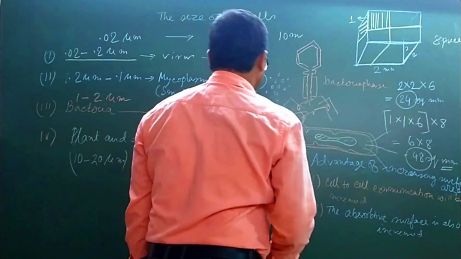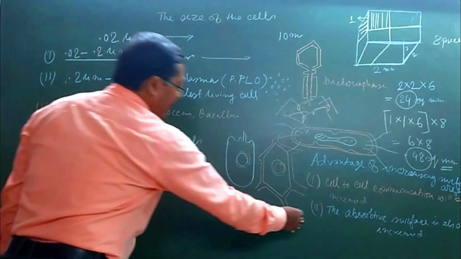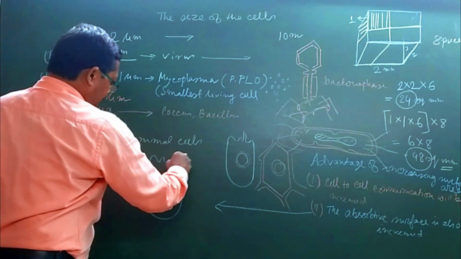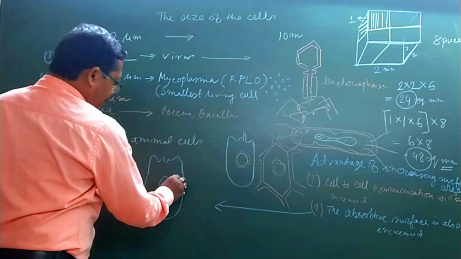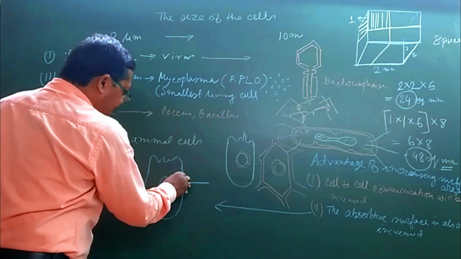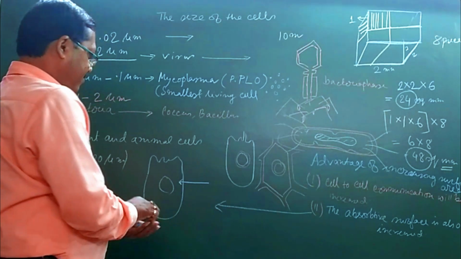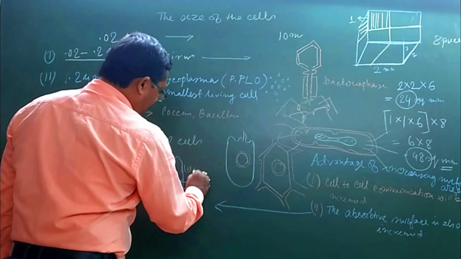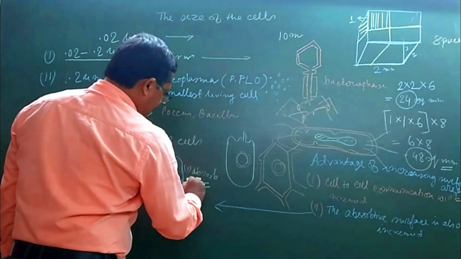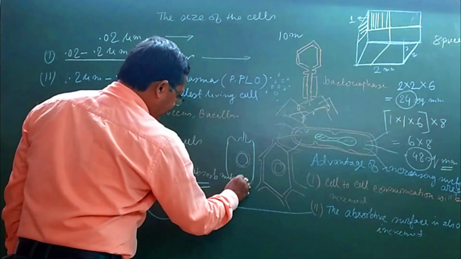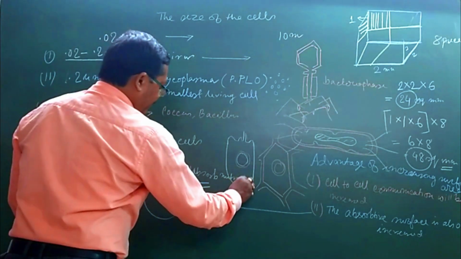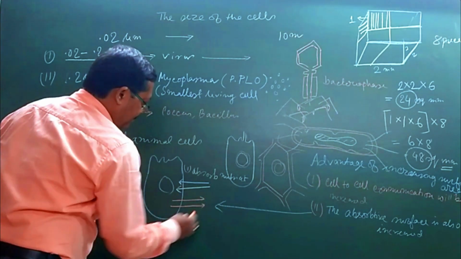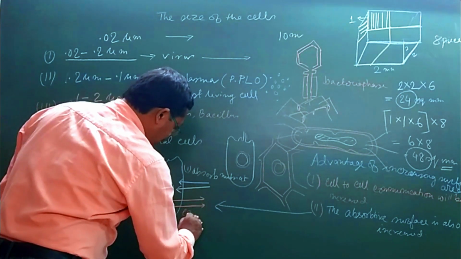As a result, when the surface area of a cell increases, the cell can absorb different types of nutrients easily. First point, it can absorb different types of nutrients. Similarly, it can excrete excretory substances, excretion increased.